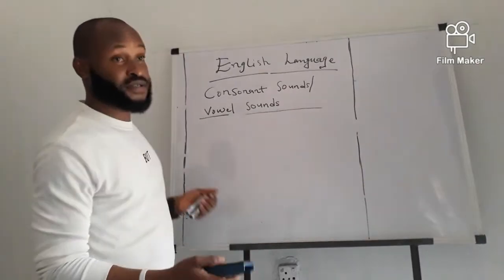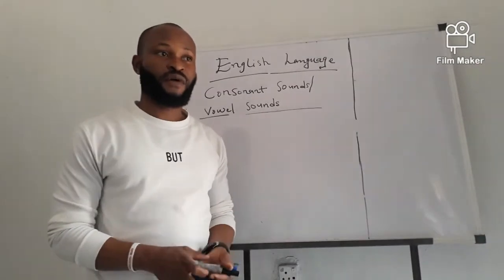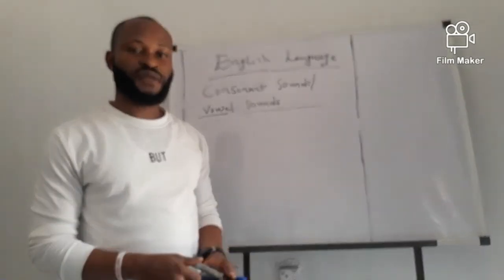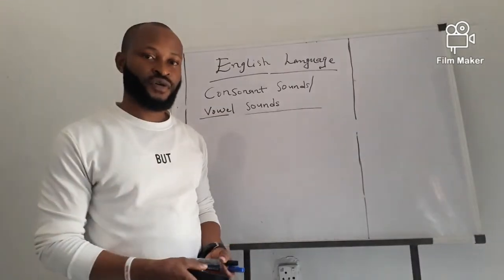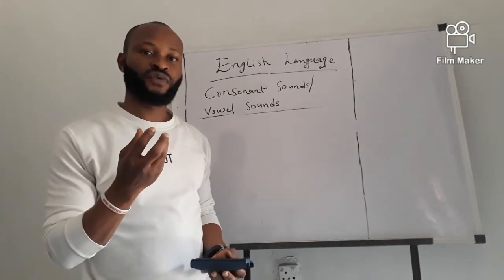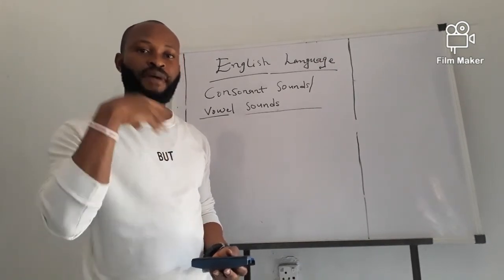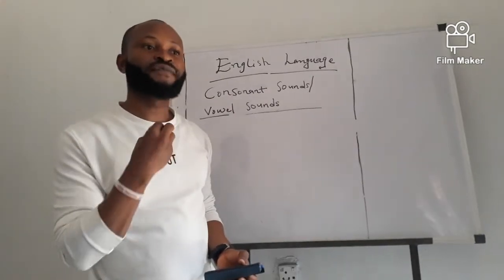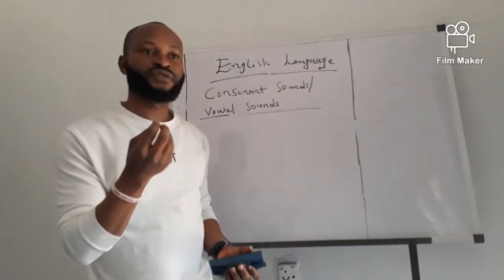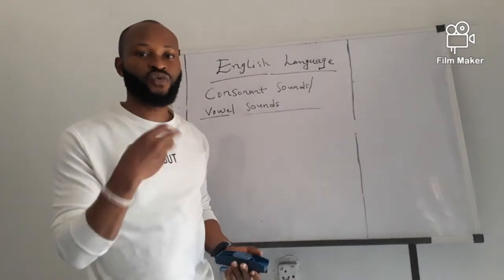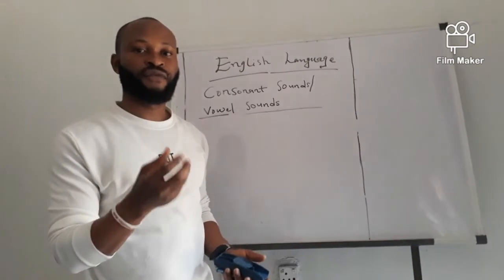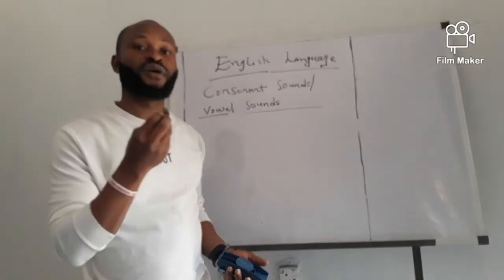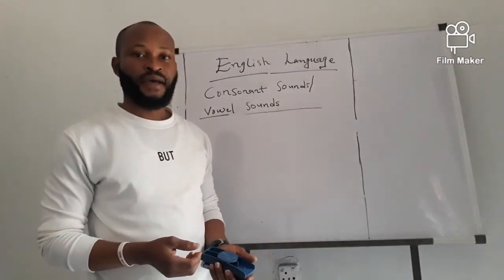So we now ask ourselves, what do we mean when we say vowel sounds? Vowel sounds are the sounds that are produced without friction in the mouth. The letters that we produce without encountering partial or absolute closure of the mouth or the vocal cavity before you can produce them.